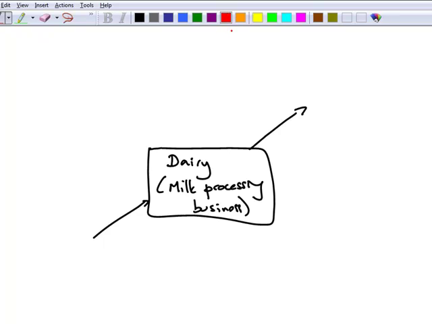So who would be the supplier of the milk processing business? It's the farm. The farm has various cows on it, they get the raw milk and they provide the milk to the dairy. Now, if the dairy decided to acquire a farm, what example of diversification is that? That is an example of backwards vertical integration. So this is backwards.